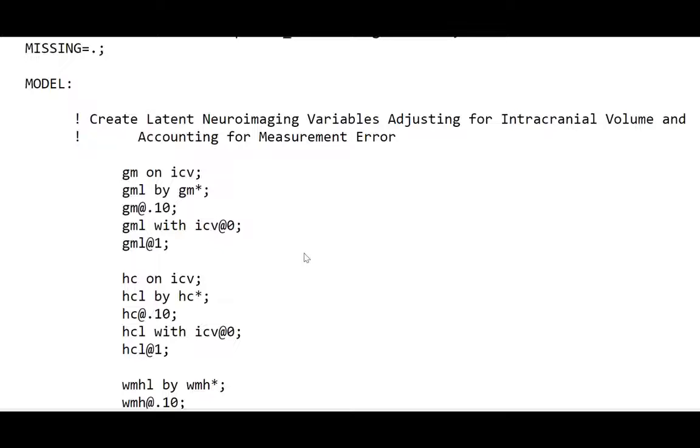One of the things I would point out about this is that in research working with neuroimaging, it's absolutely standard to either residualize brain volumes for intracranial volume or to normalize for intracranial volume, where you divide the brain volume by intracranial volume.